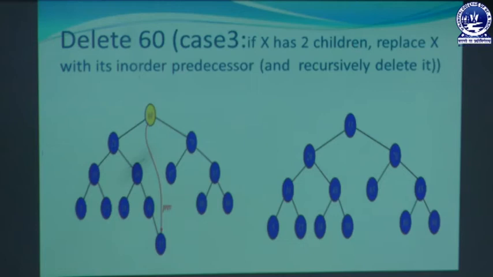Then we calculate the balance factor for nodes 20 and 70. 20 also has balance factor 0, and 70 has balance factor -1. And next, for node 55 the left subtree height is 1, 2, 3, and the right subtree height is also 1, 2, 3. So 3 minus 3 is 0, balance factor 0.